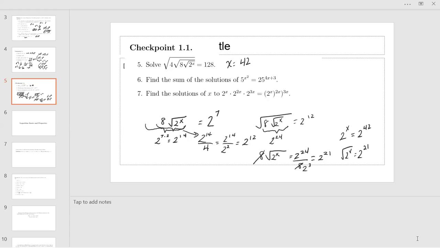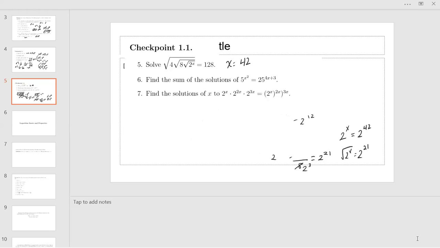Now for number 6. So we're given an equation in x, and we want to find the sum of the solutions. So we have 5 to the x squared is equal to, and we can write 25 as 5 squared.